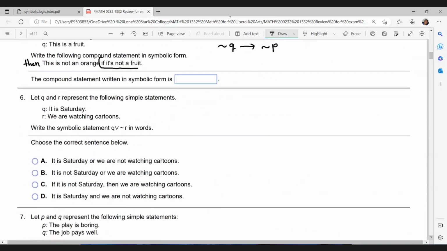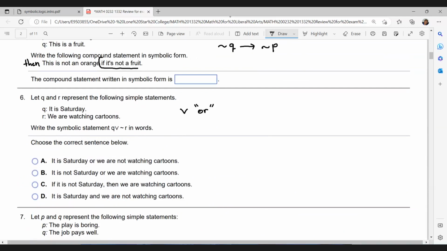All right, so number 6: let Q and R represent the following simple statements. Q, it is Saturday, and R, we are watching cartoons. Write the symbolic statement. Now it is Q, and don't forget this symbol is "or". It's a disjunction, okay?